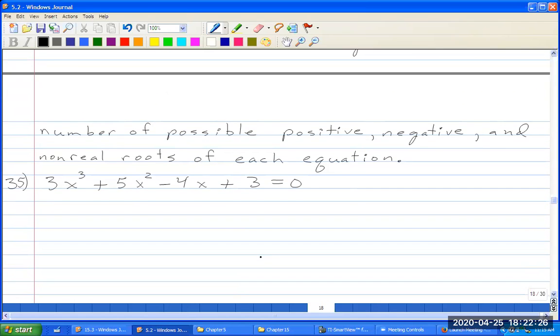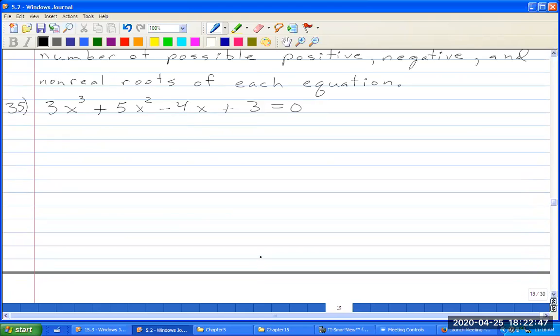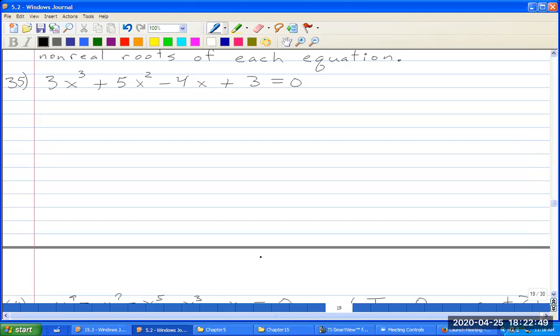Okay, so on page 519, use Descartes' rule of signs to find the number of possible positive, negative, and non-real roots of each equation. What you'll find is there'll be a little bit of uncertainty when I do this.